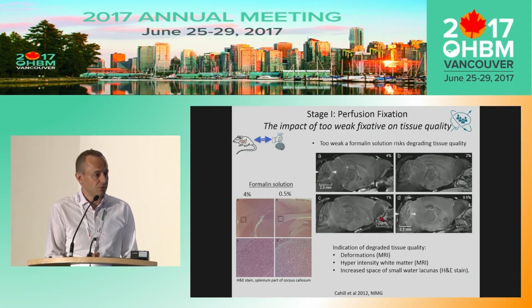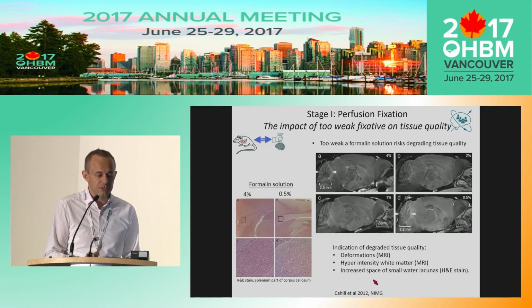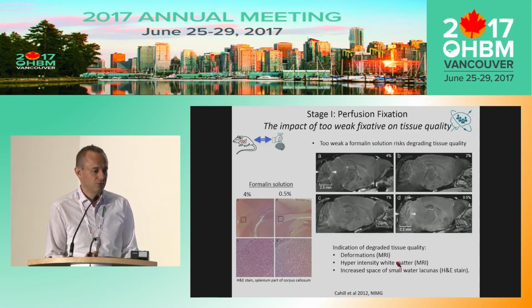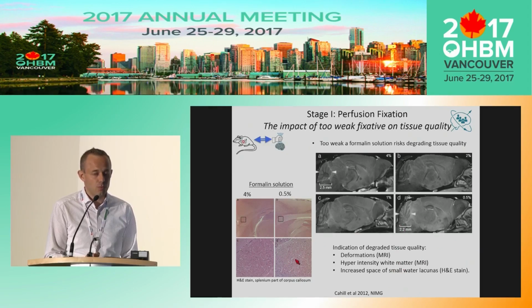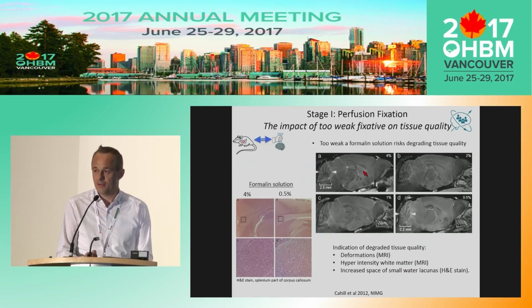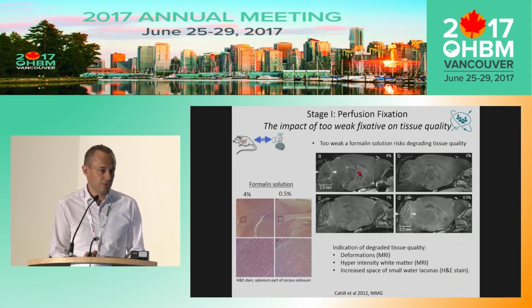And that's not because you start to get more signal. It's simply because you start to get increased space of small water lacunes. And that's simply because the fixative is not strong enough to fix the tissue. And that can also be seen in histology stains, these small water lacunes. So therefore, ensure to have 4% or higher fixative when you do the fixation of your tissue.